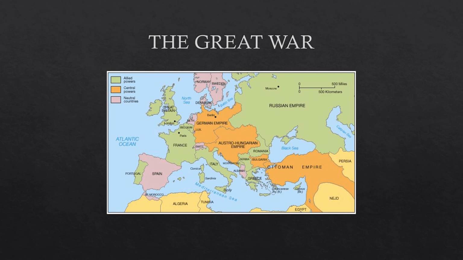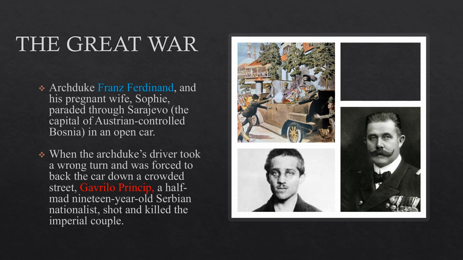So we're talking about Franz Ferdinand and his pregnant wife Sophie, paraded through Sarajevo, the capital of Austria-controlled Bosnia, in an open car. When the Archduke's driver took a wrong turn and was forced to back the car down a crowded street, Gavrilo Princip, a 19-year-old Serbian nationalist, shot and killed the imperial couple.